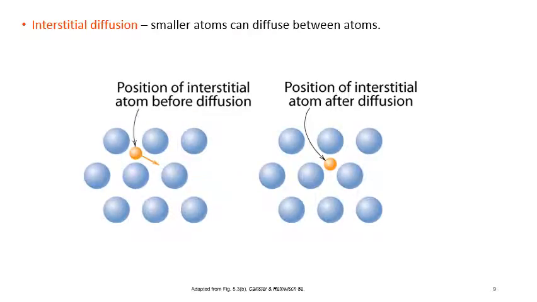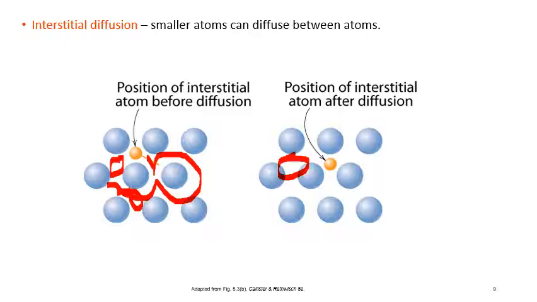So the next mechanism, as we said, is interstitial. Interstitial means these spaces here. Whatever spaces are there are called interstitial spaces, meaning the space between the atoms. This is a foreign atom.